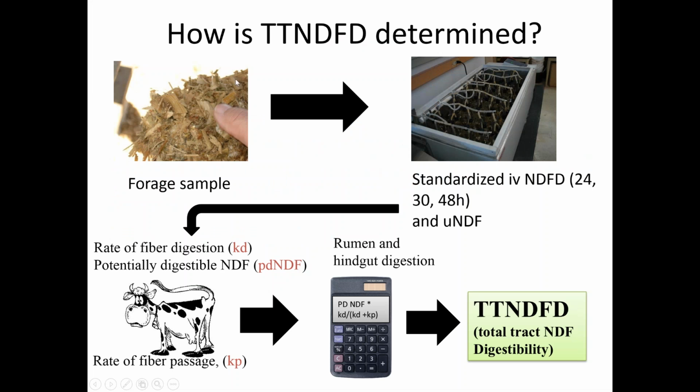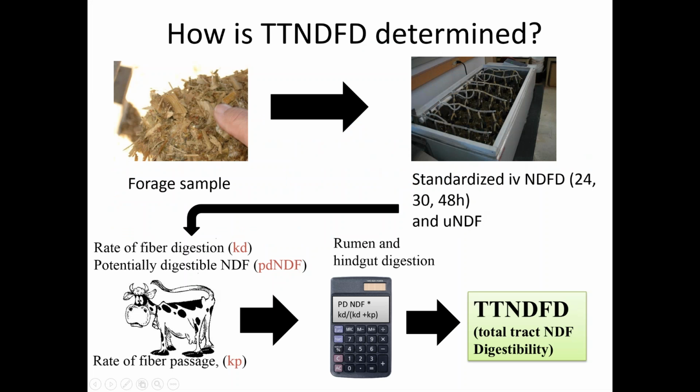In Dave's procedure, you would take a forage sample and run it through an in vitro procedure that he standardized with primers and a lot of different methodology. It's run at multiple time points, 24, 30, and 48 hours, and then 240 hours to set the rate of digestion as well as the undigested pool.